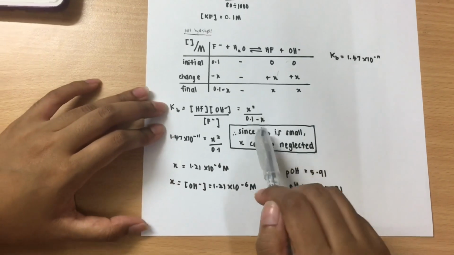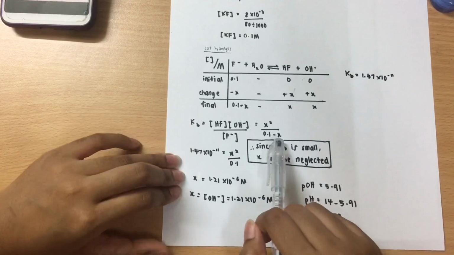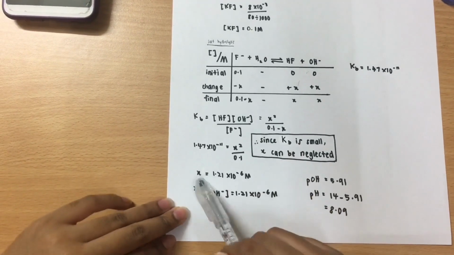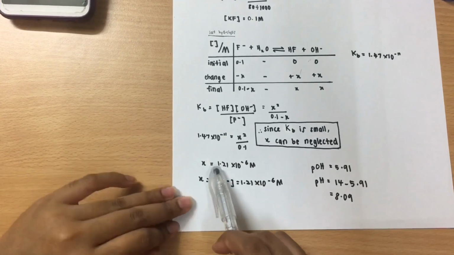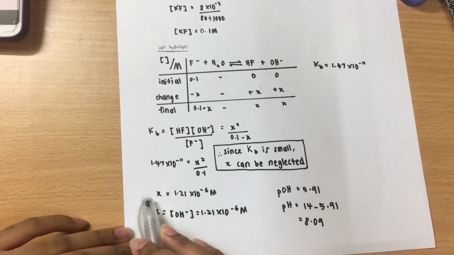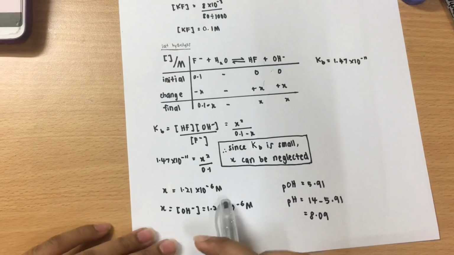Since the Kb is small, X can be neglected. So it makes it easier for us to calculate X squared. After neglecting the X, you get X equals 1.21 times 10 to the power of negative 6 molar.